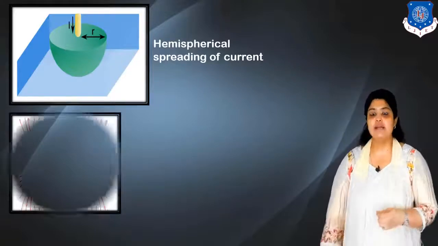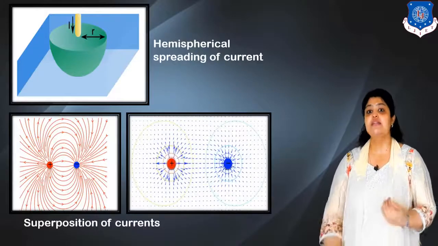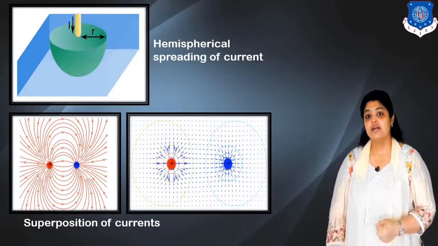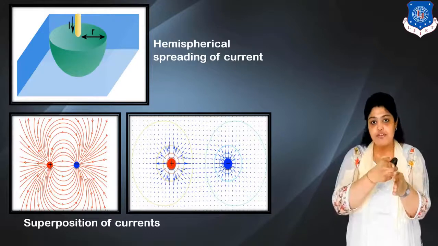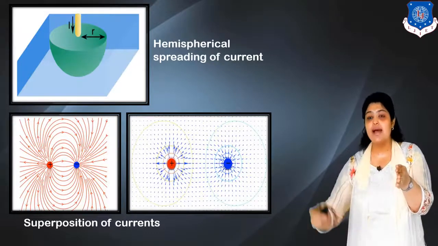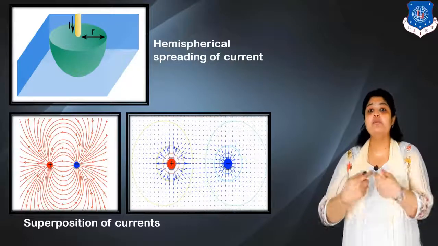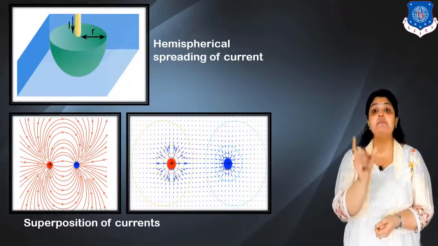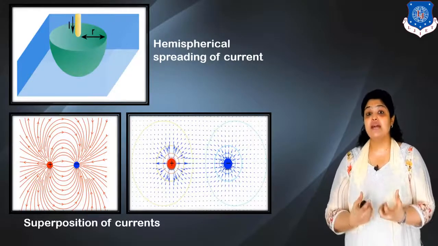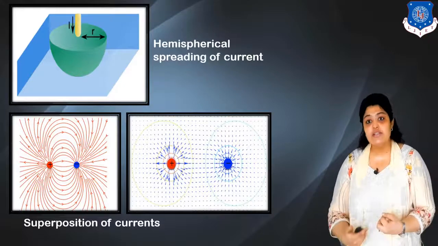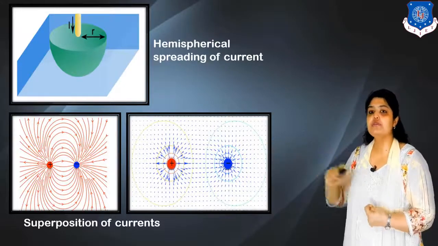We also have to understand two different concepts, that is two different diagrams, that is superposition of current. Now we have current from probe number 1. It is entering from probe number 1 and it is coming out from probe number 4. Current does not pass on to probe number 2 and 3 because of the high impedance voltmeter connected. Now what exactly happens to the current? The current actually adds on as per the diagram shown here, and this is what is known as the superposition current.